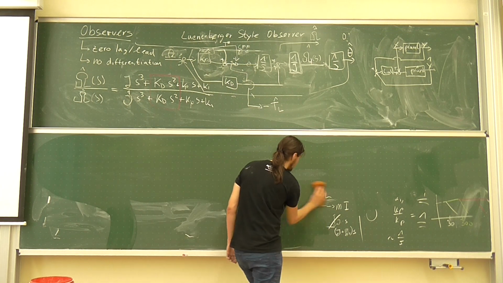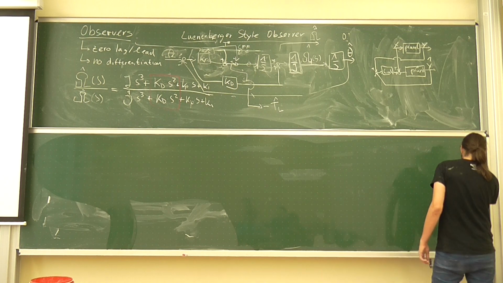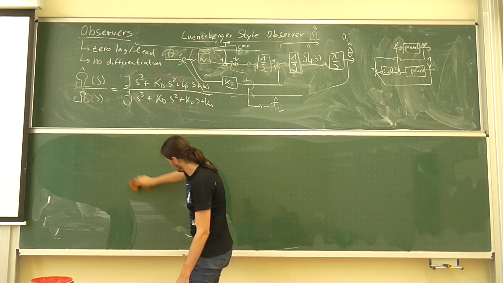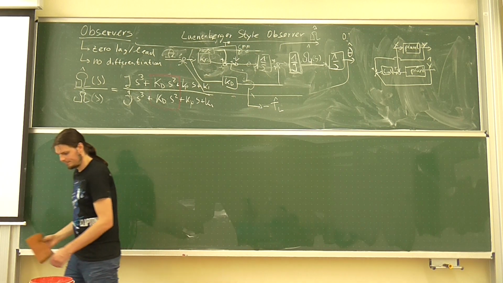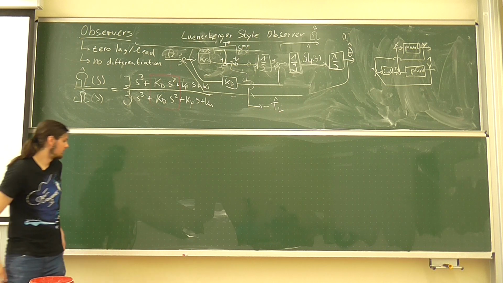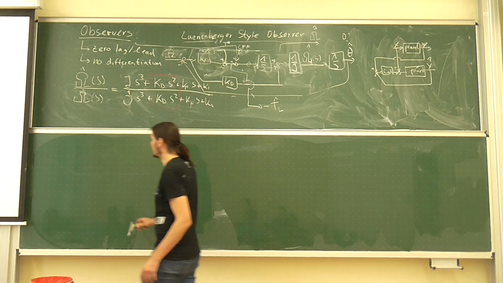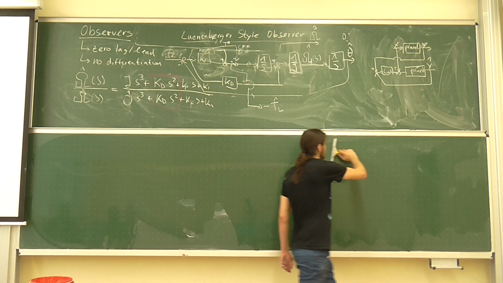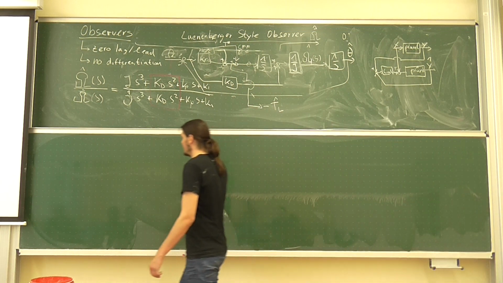There's one trick for sensorless control, but there are also other observers that can do this. The real classical example of this is the Gopinath style observer. And I just want to do it for the same example.